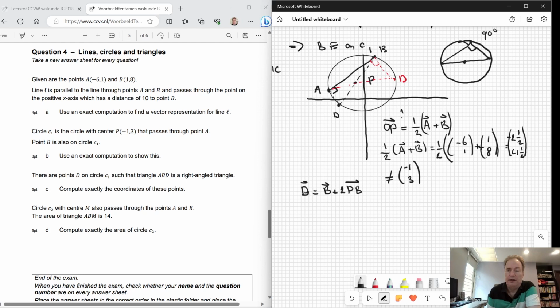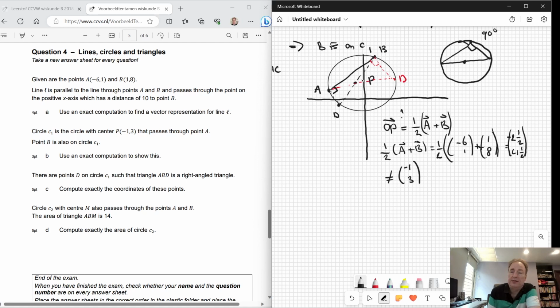So this is D. Wait, let me give a bit more space. Again, point B is known.